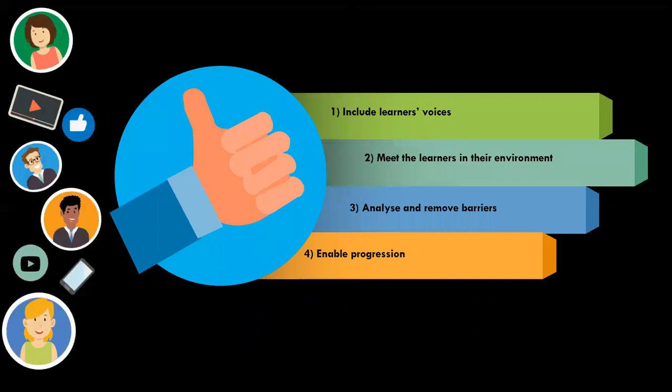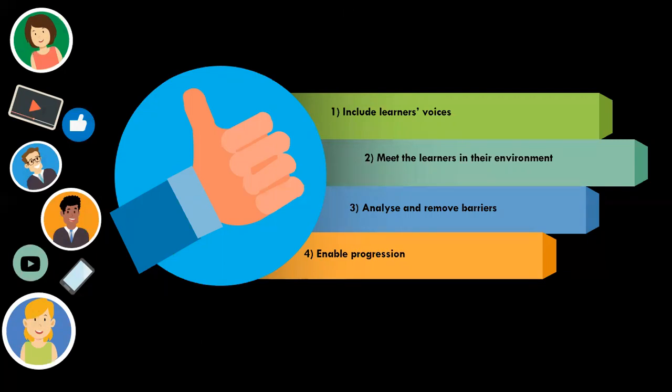In working with community members that may have had negative experiences of facilitation and engagement within learning environments in the past, it is important that their voices are included and that they can feel that their voices are included. The facilitator should meet the learner in their own environment.